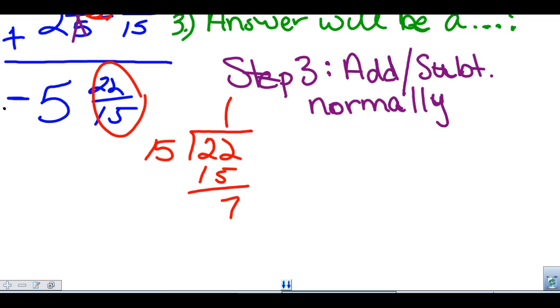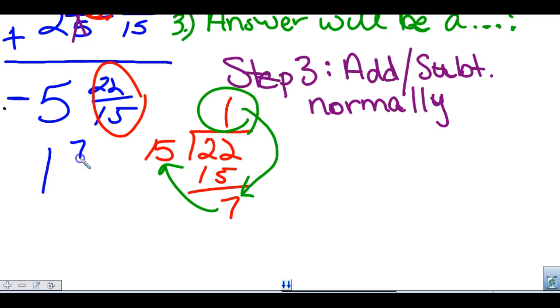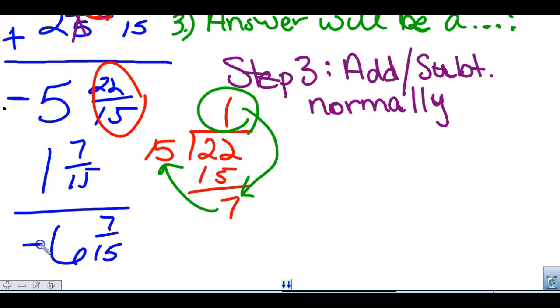Okay. Using a little trick, 1 and 7 15ths. We're going around the clock. So 22 15ths is the same thing as saying 1 and 7 15ths. We're going to add that to our 5, and we're going to get a total of 6 and 7 15ths, remembering that, hey, this is going to be a negative answer.